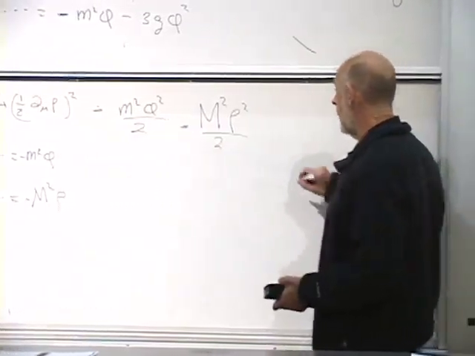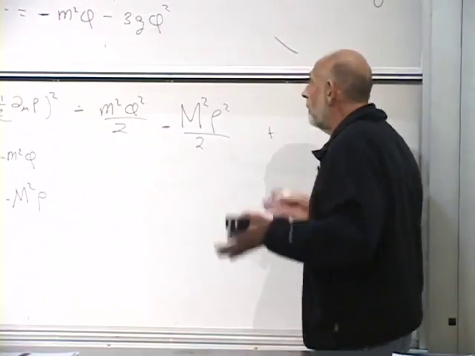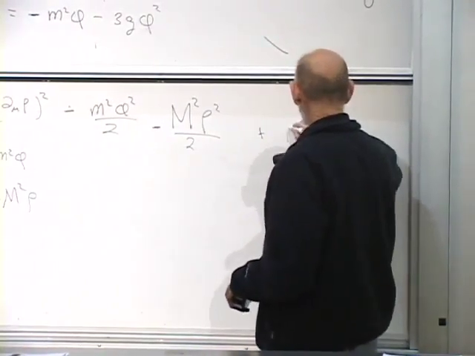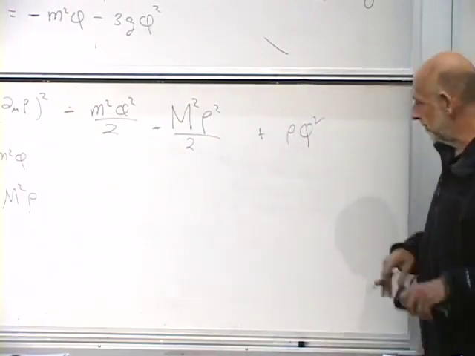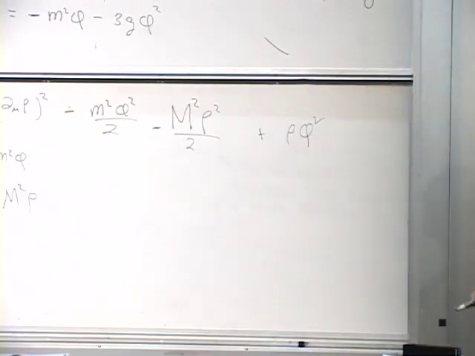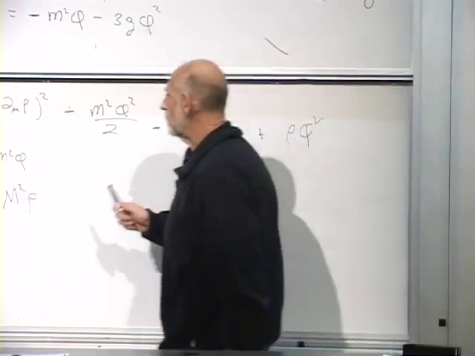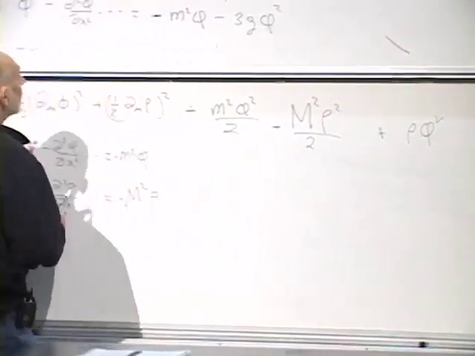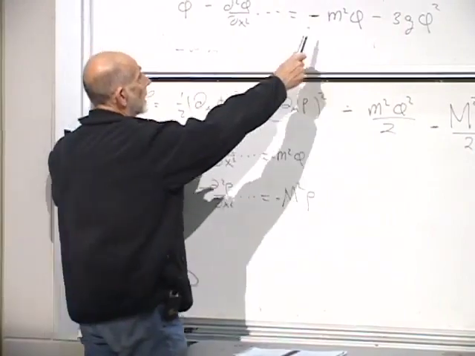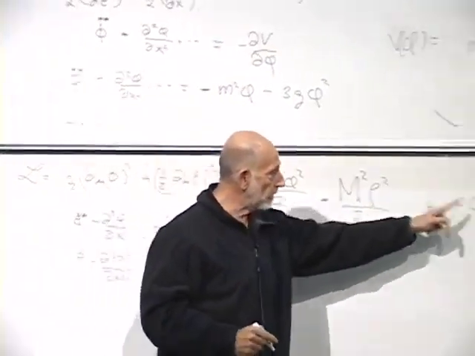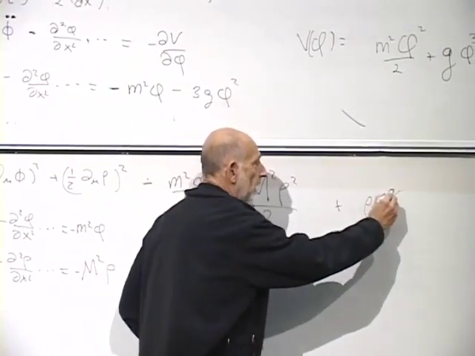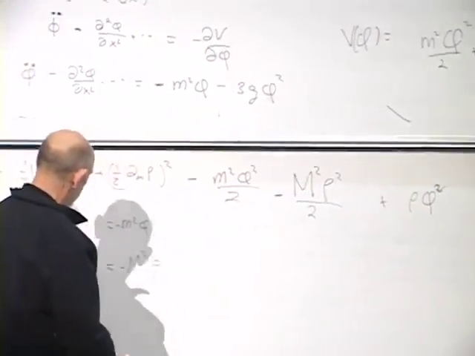Now we could add something more complicated. We could add, for example, rho times phi squared. Again, picked at random, nothing special about this. When I work out the equation of motion for phi, we have on the right-hand side minus the derivative of V with respect to phi.